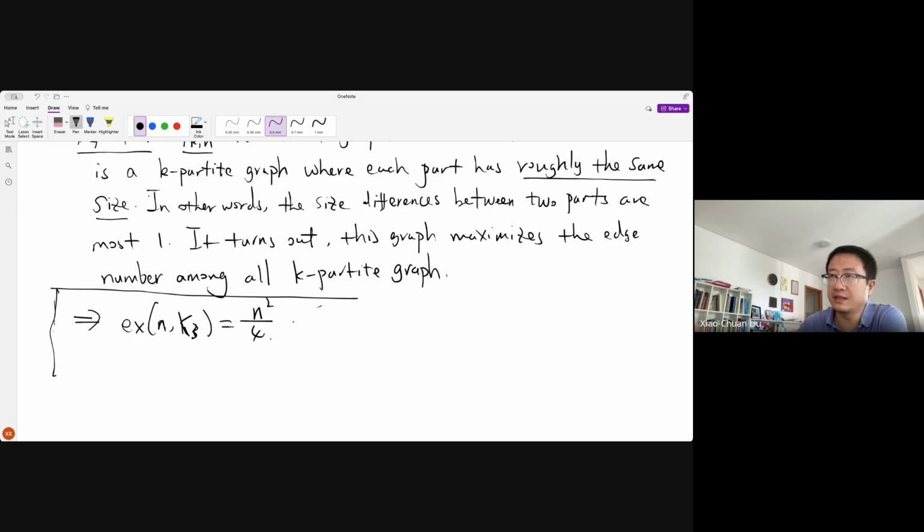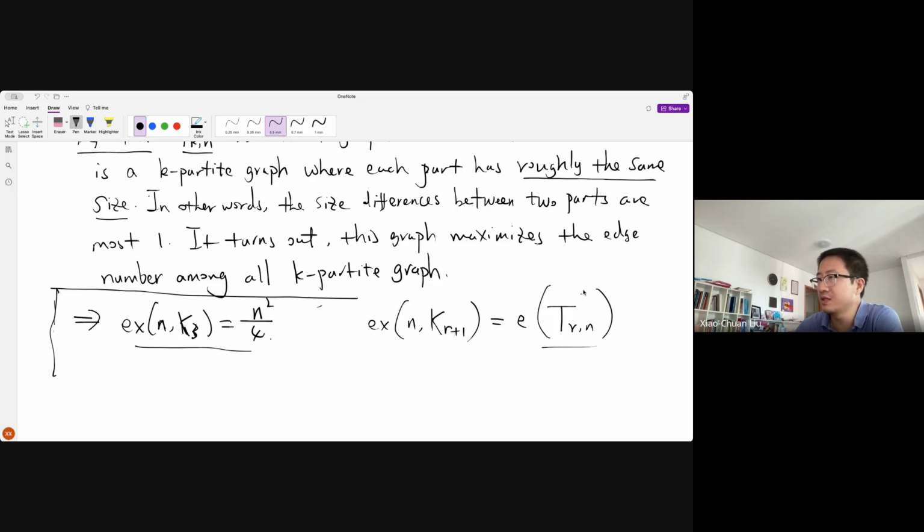People try to generalize this result. If you are trying to forbid K_{r+1}, the complete graph with r plus 1 vertices, the maximum is exactly the number of edges of T_r(n), the Turán graph.